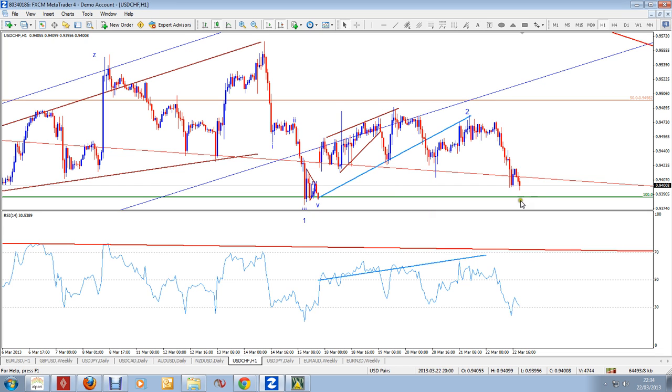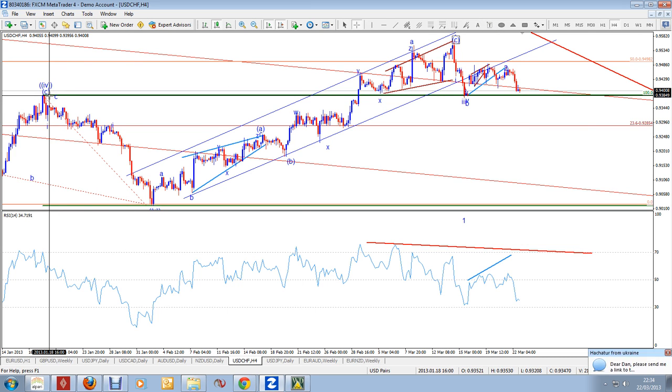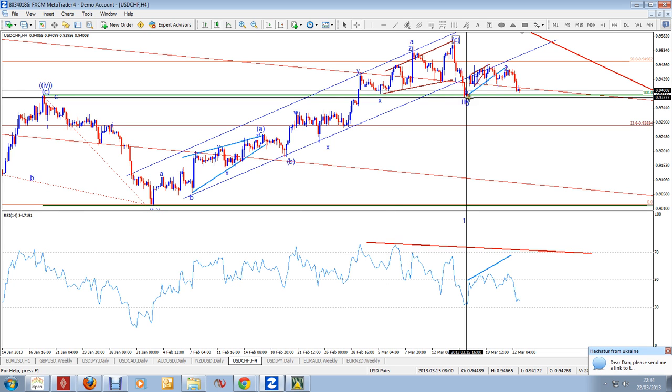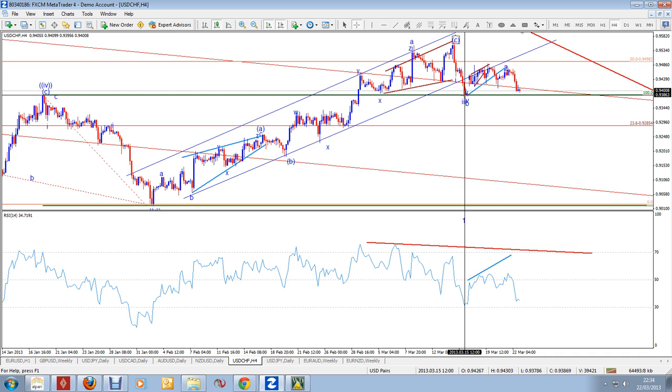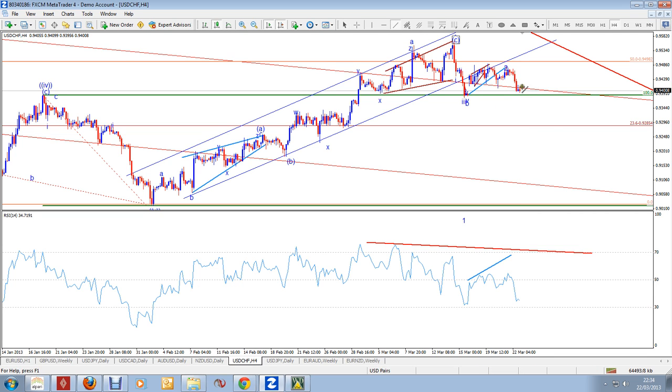So if this is wave 3, then we will see it break below this next week, early next week, in which case this area where previously we had a lot of resistance became support, and became support again, is likely to fall, and in which case we are likely to drop down here. We are likely to drop down there.